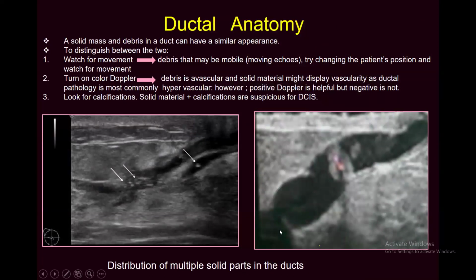Okay, another thing to evaluate in intraductal lesions is the presence of calcifications. If the intraductal lesions are associated with calcifications, definitely it will be suspicious for biopsy and is suspicious for ductal carcinoma in situ.